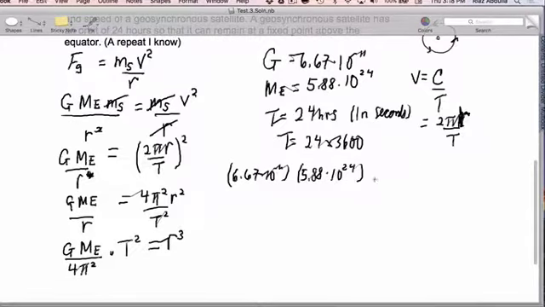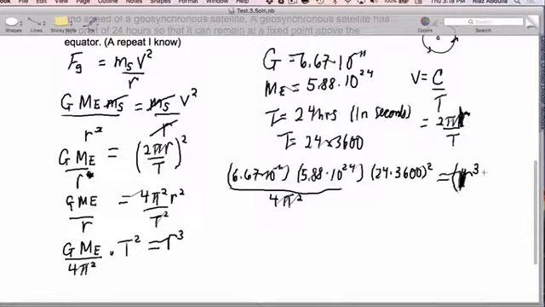Let me try that again. So 4 pi squared, and then this is going to be 24 times 3600 squared. All of this is equal to r cubed, the radius, the distance cubed.